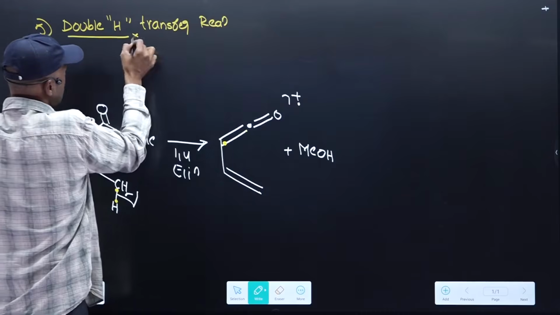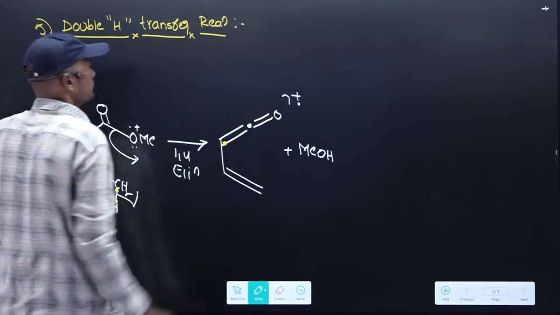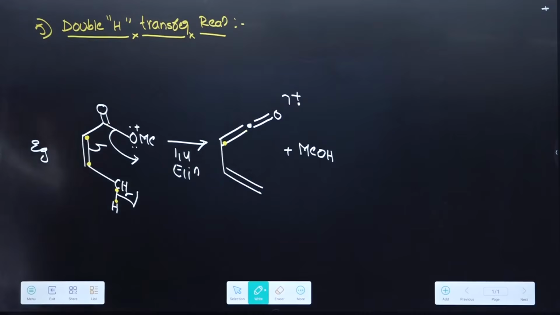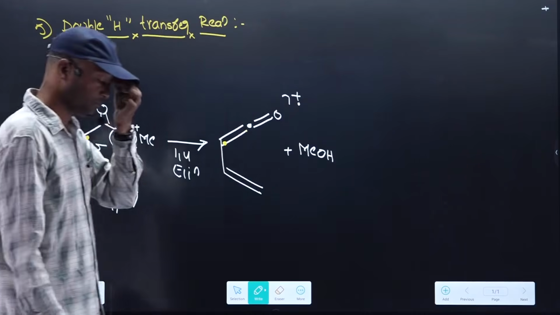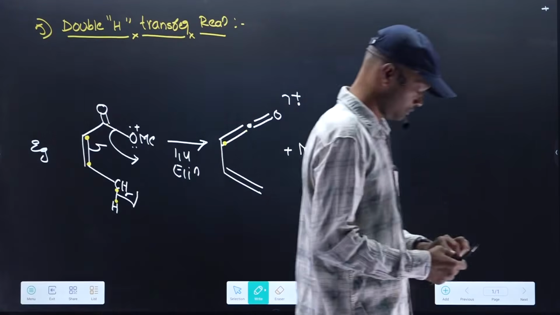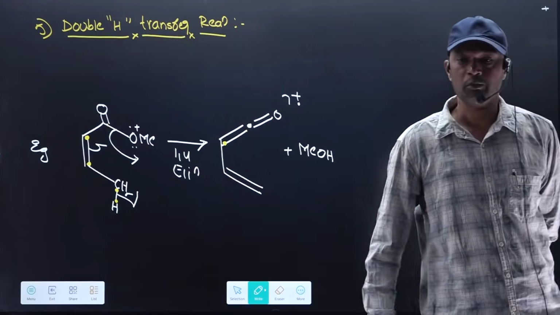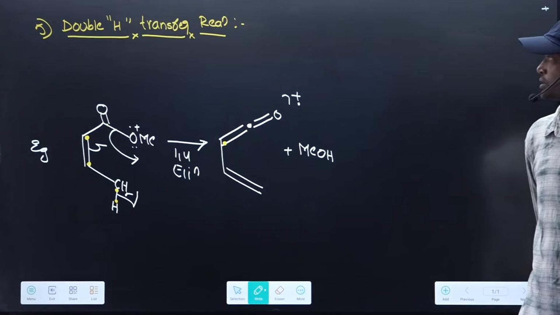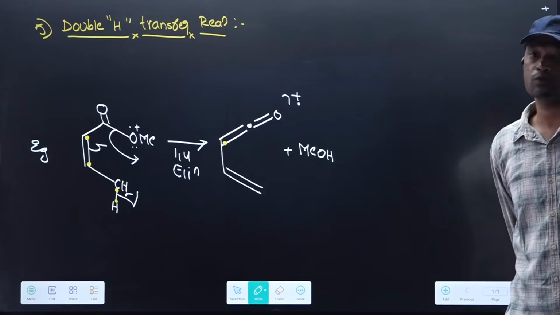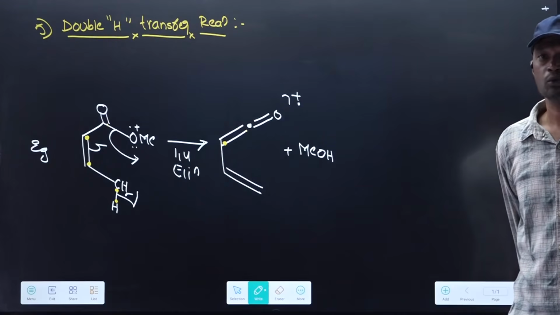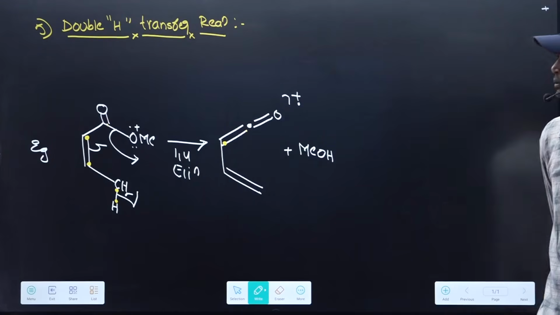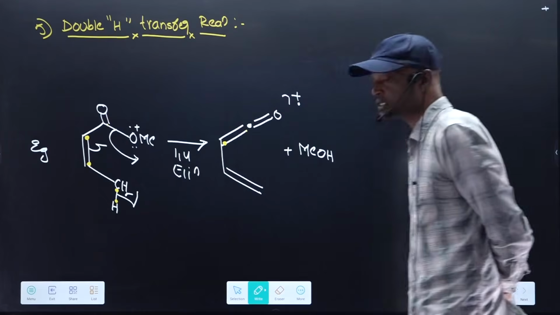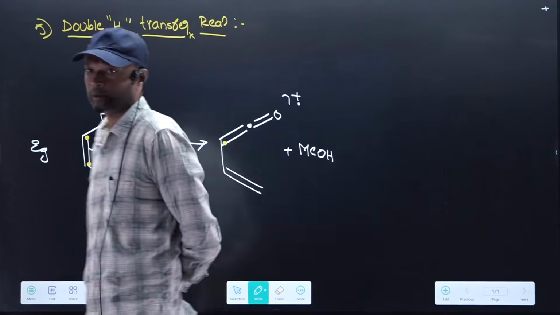Double hydrogen transfer reaction is also an elimination reaction. Sometimes double hydrogen transfer is also possible. Ortho elimination is over. Next, two hydrogens can also transfer. It is also one elimination reaction, but you need to focus on the molecule. Then only you can understand clearly.